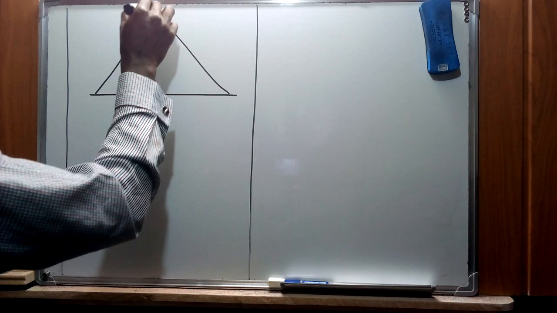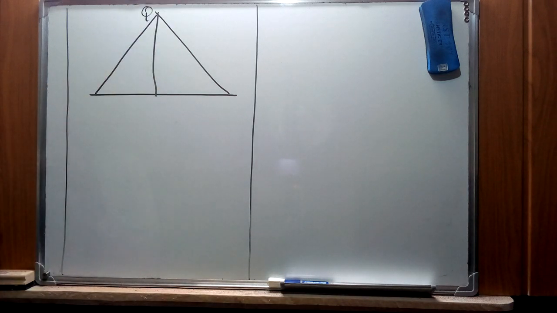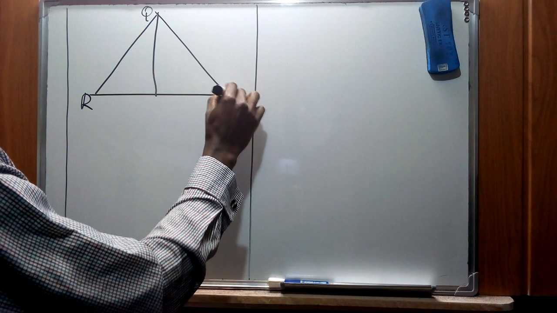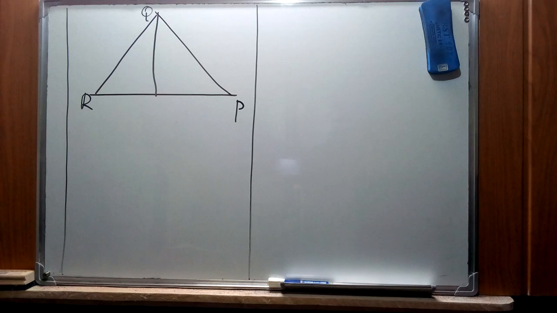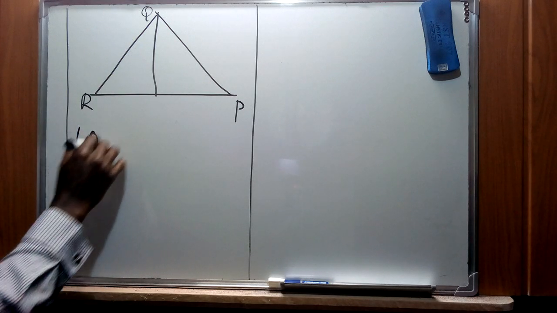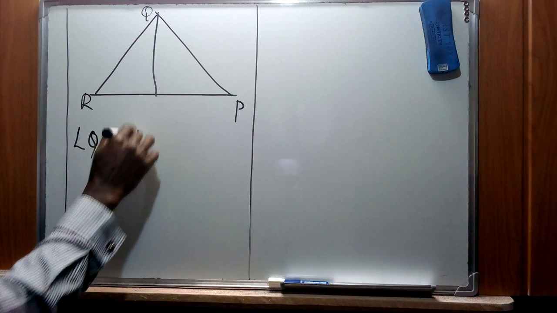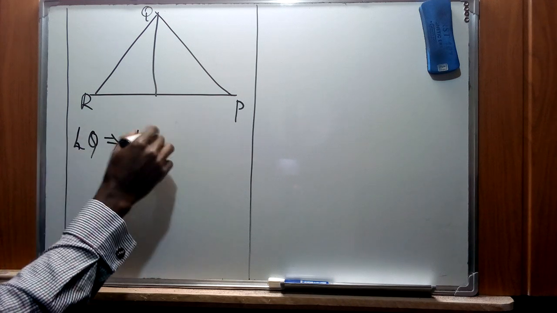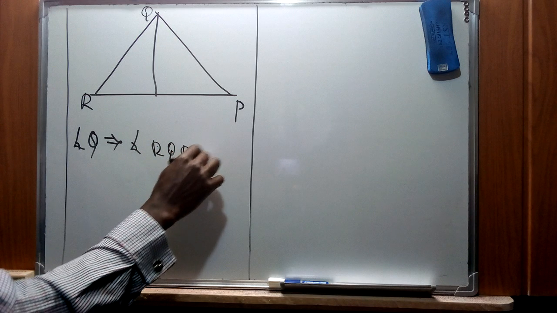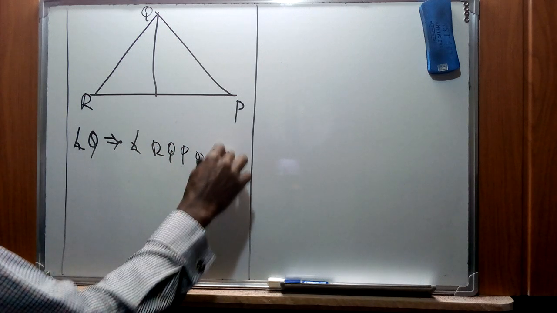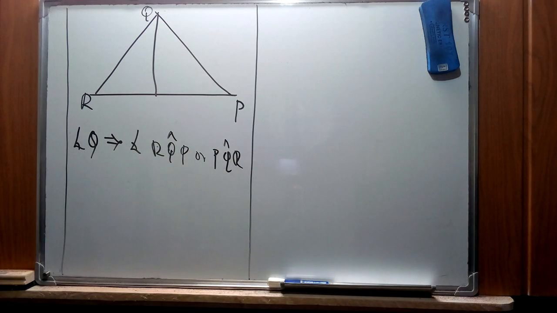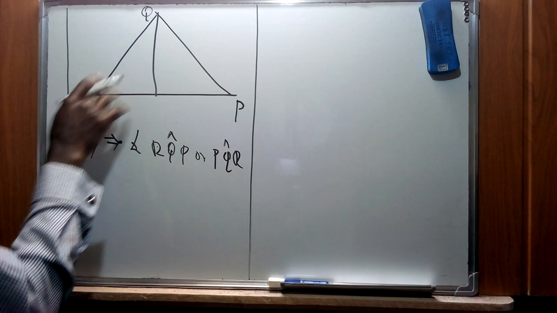I'm going to give these points Q, R, and then P. So as I said about the concept of angles, whenever I'm going to measure angle Q, this is going to imply angle RQP or PQR.